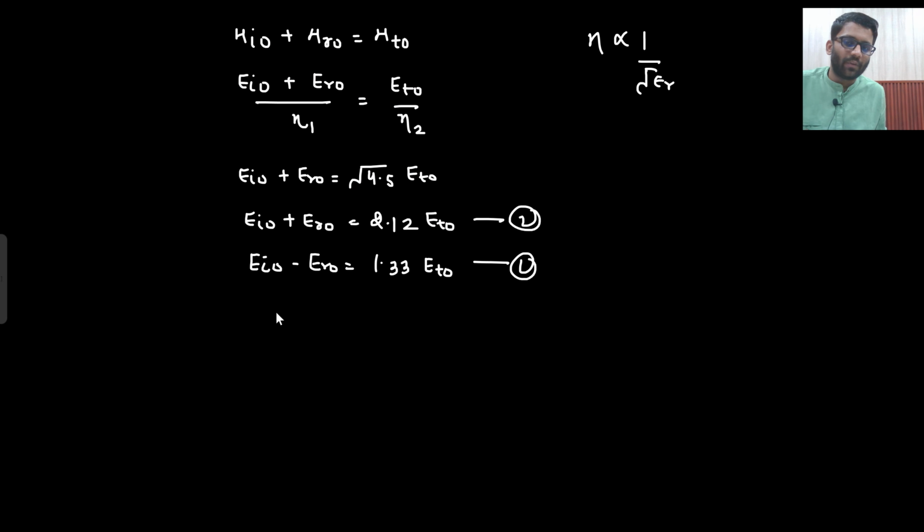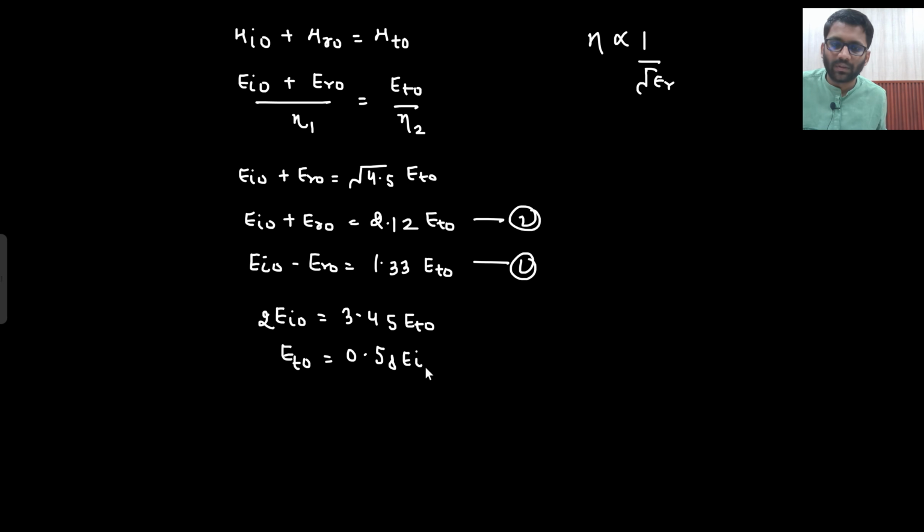And if I add both of them, what am I going to get? 2 EIO is equal to 3.45 ETO. So from there ETO comes out to be 0.58 EIO. This is just calculation, you can do this on your own.